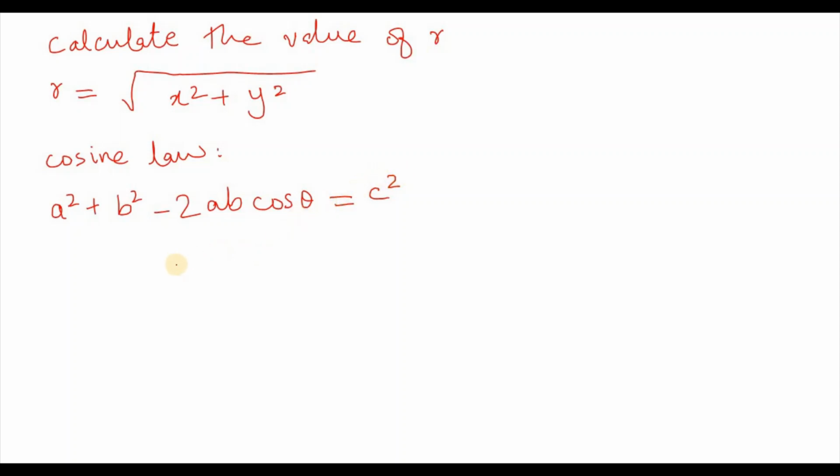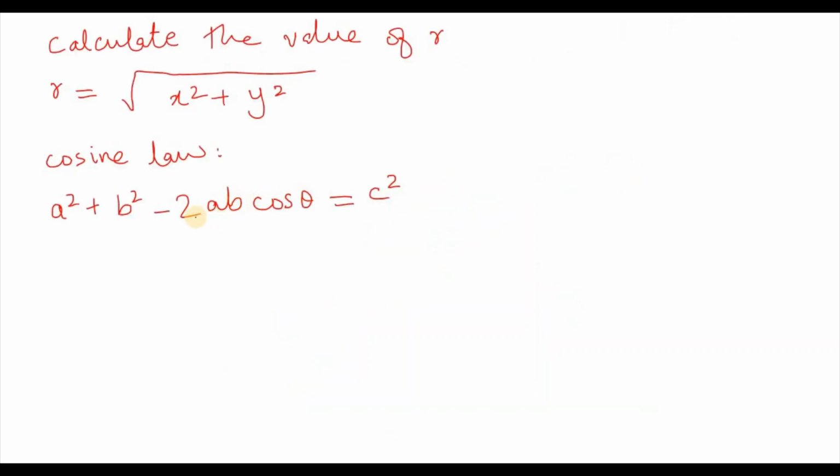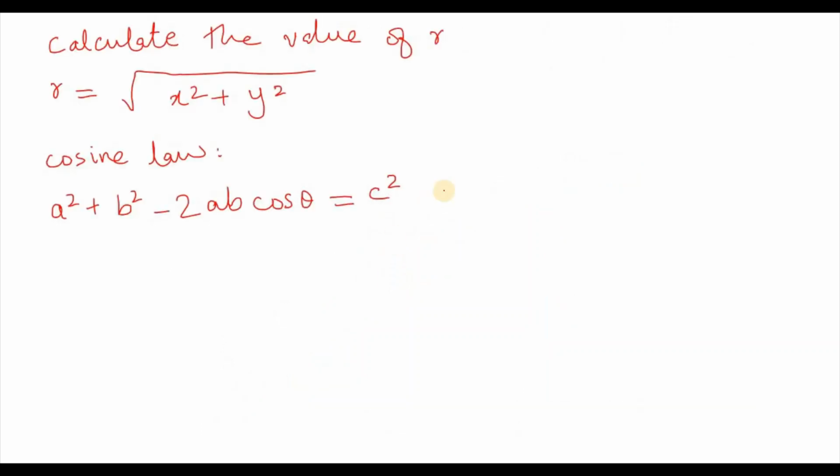This means that within this triangle, the sum of the squares of two sides minus the product of the two sides and the cosine of theta is equal to the square of the opposite side. So this thing we try to implement here.